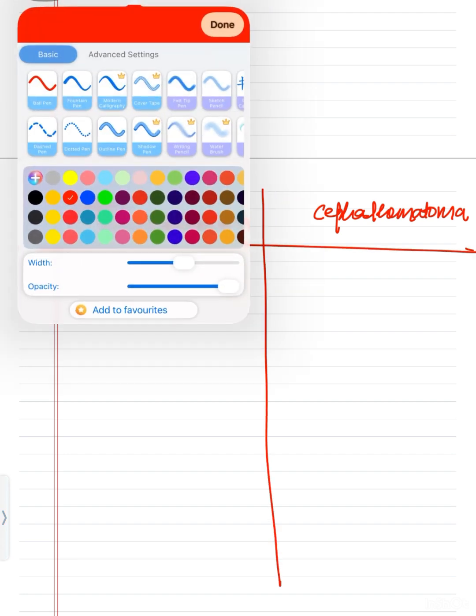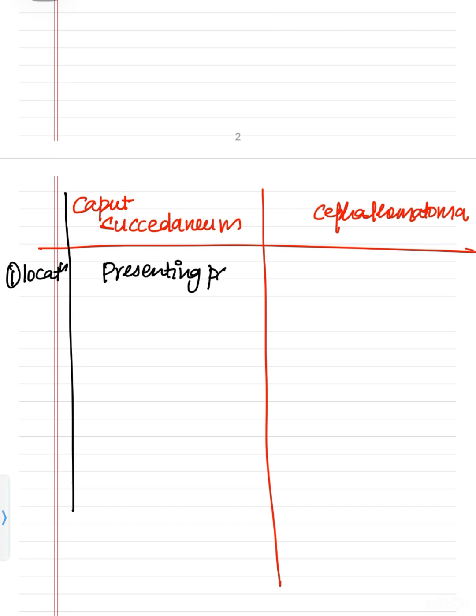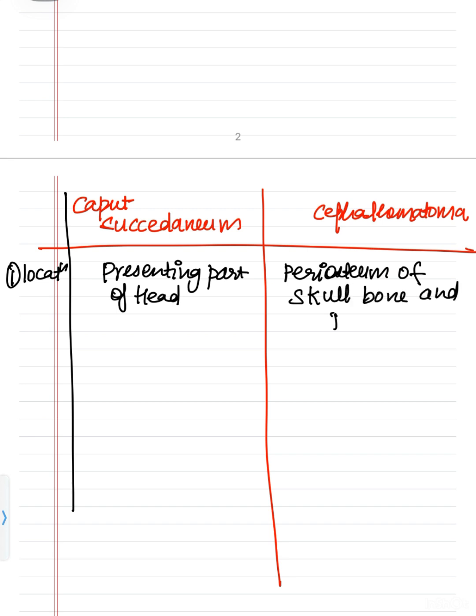So what are the various differences? The first difference is in the location. In the caput succedaneum, the swelling will be present in the presenting part of the head. While in the case of cephalhematoma, it will be present between the periosteum of the skull bone and the skull bone. This is the first difference.